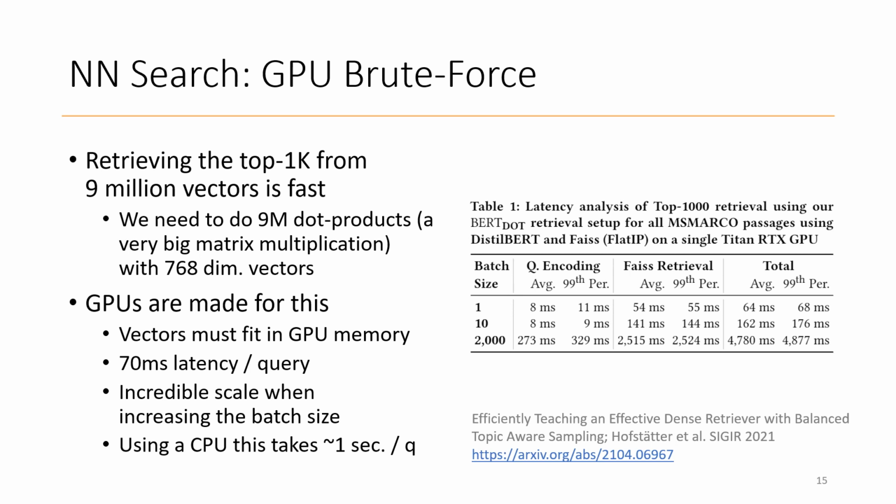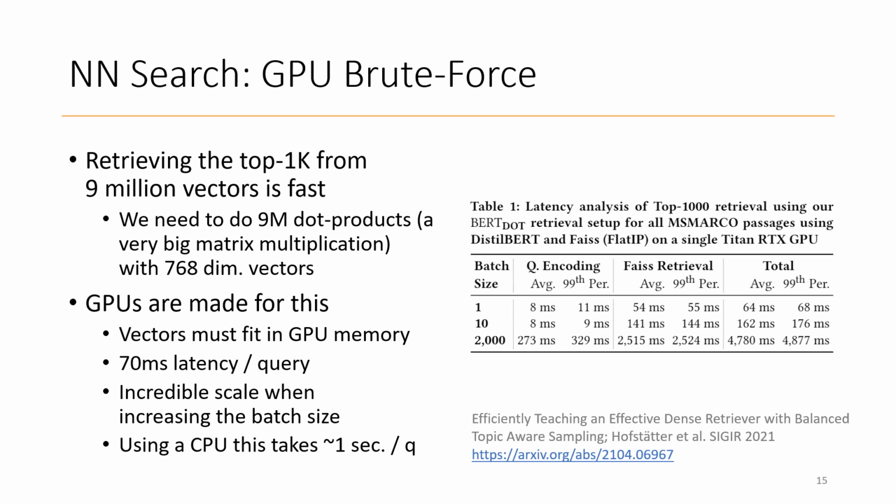So as long as the vectors fit into the GPU memory, we get an astonishing under 70 millisecond latency for single queries. And when we scale up the batch size, we have an enormous non-linear scale factor.